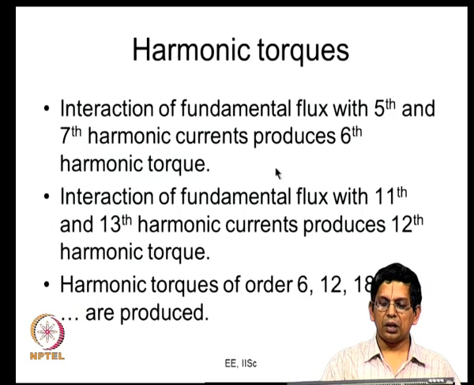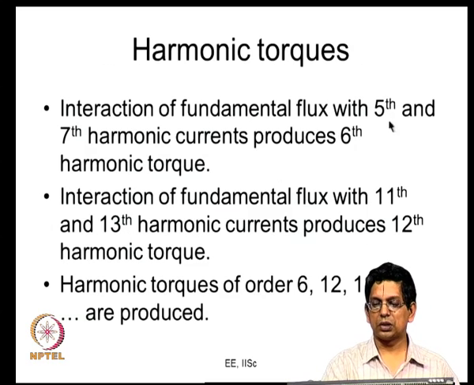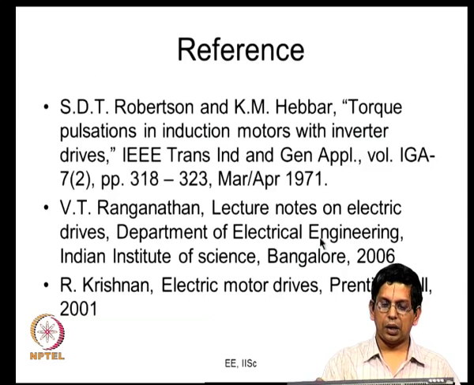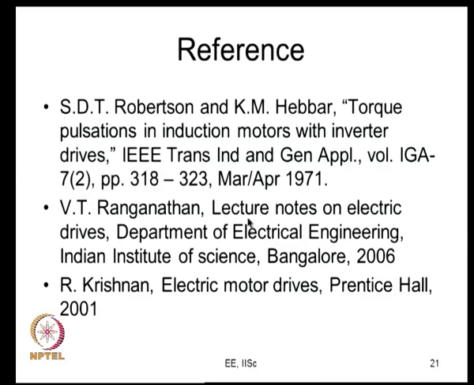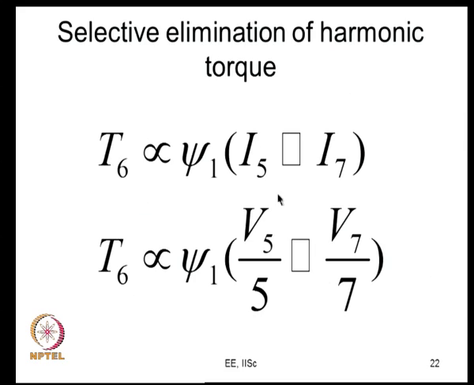We did not go through the detailed procedures for this. The interaction of the fundamental with the 5th and 7th produces the 6th harmonic torque, and similarly the 12th and so on, but as I mentioned, the details are available in these references, where they tell you how exactly to calculate this based on the parameters, alright.